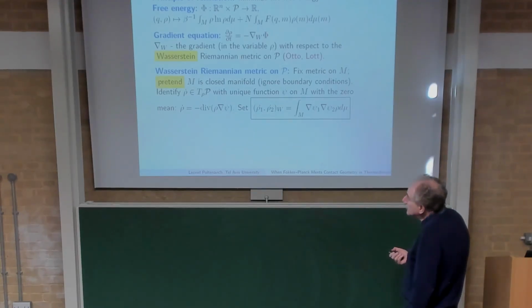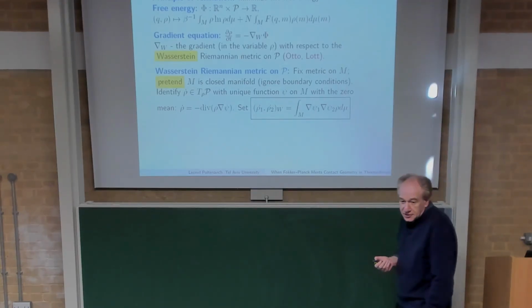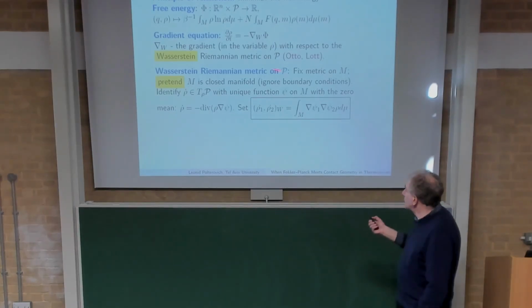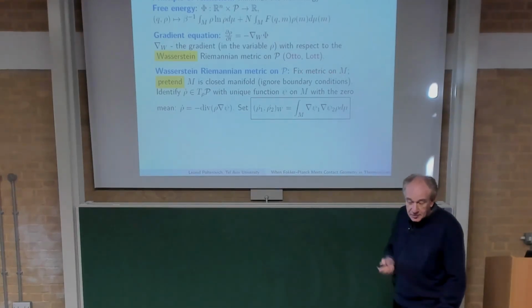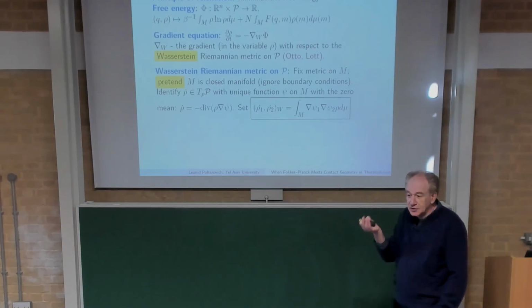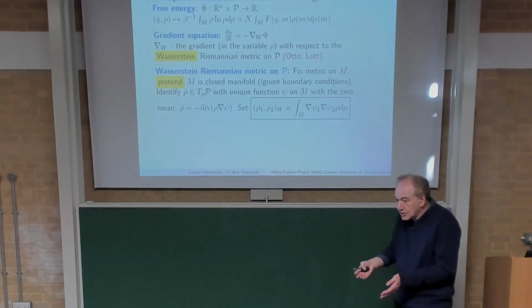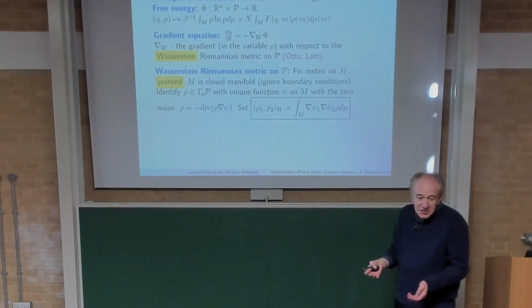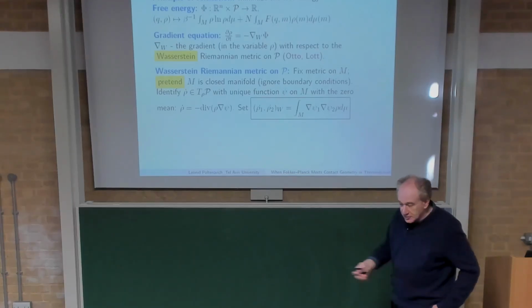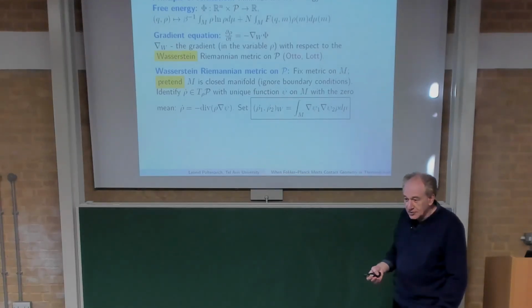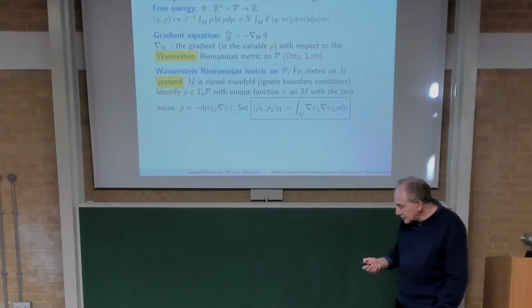So you can ask me the following question at this point. Very good, but what does it mean to fix a Riemannian metric on M? I'm trying to describe a physical model, and we believe that the system, independently of the human mind, the Riemannian geometry somehow is going to Gibbs distribution. And this is a very mysterious point.